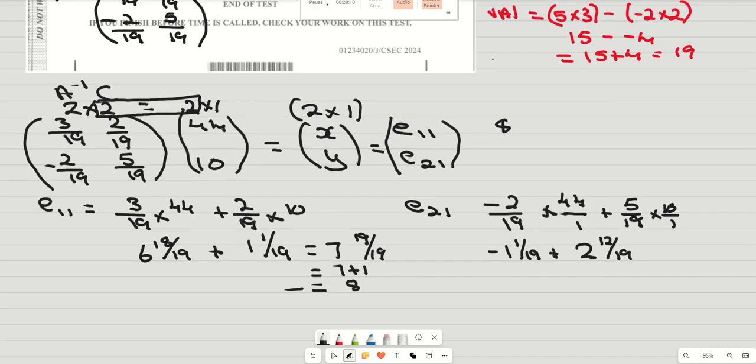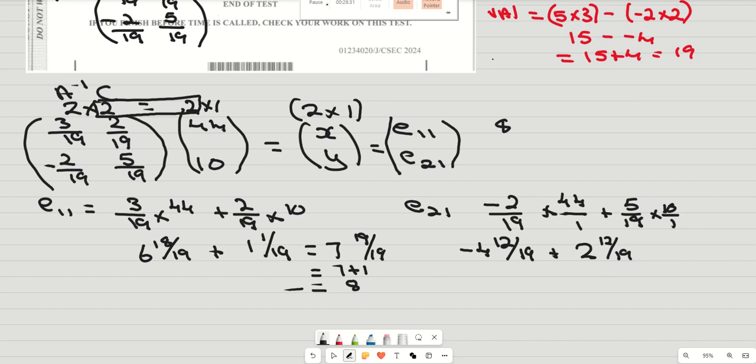Right, so I did this wrong here. I multiplied by 10, I was looking at the wrong number. Negative 2 over 19 multiplied by 44 is actually minus 4 and 12 over 19. This makes sense. So minus 4 and 12 over 19 plus 2 and 12 over 19.